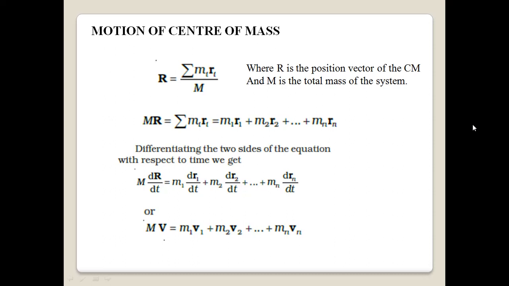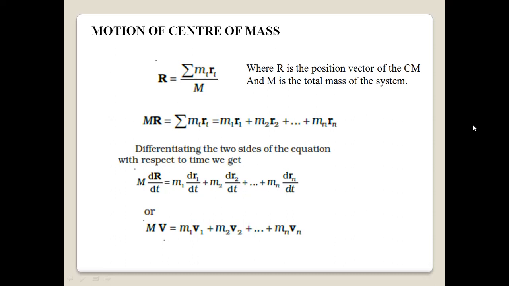Now if you cross multiply this expression, we get M R equal to sigma m_i r_i, where i varies from 1 to n. Therefore, when you expand sigma m_i r_i, it is equal to m1 r1 plus m2 r2 plus up to mn rn.